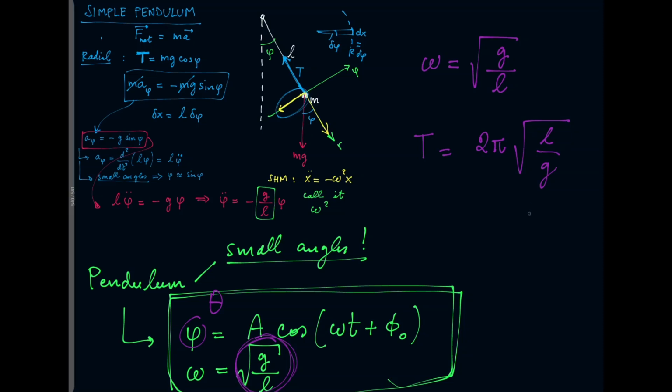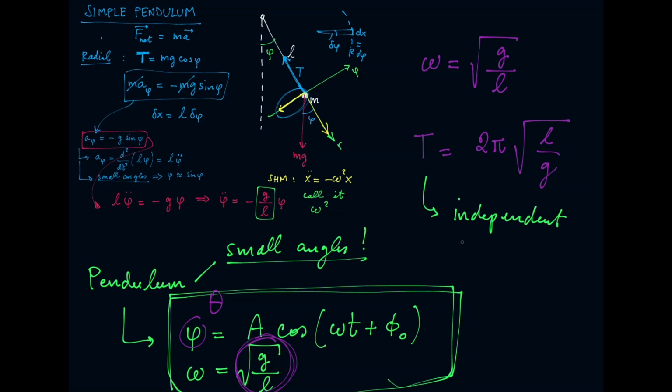And lastly, this period is independent of the initial angle, which is not quite the same as the phase. This is phi at t equals 0, the initial angular displacement.